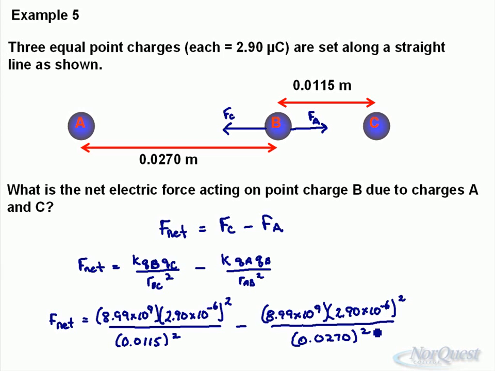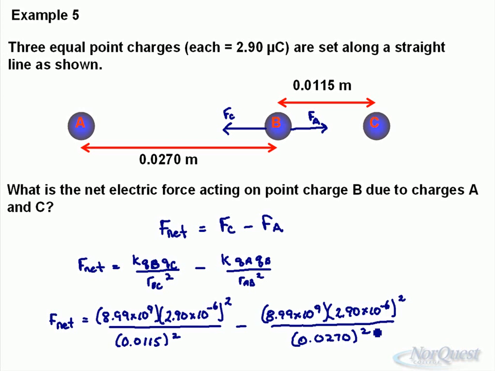Be very careful when punching this in. Use your brackets and use your squared button. So 8.99 to the exponent 9 times 2.9 to the exponent negative 6 squared divided by 0.0115 squared.